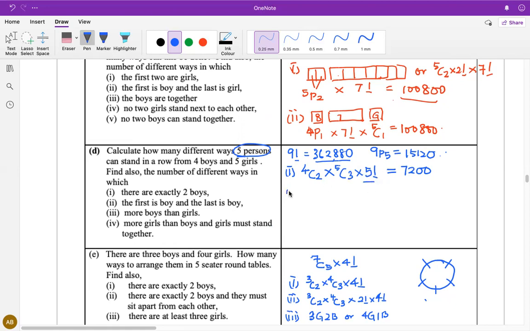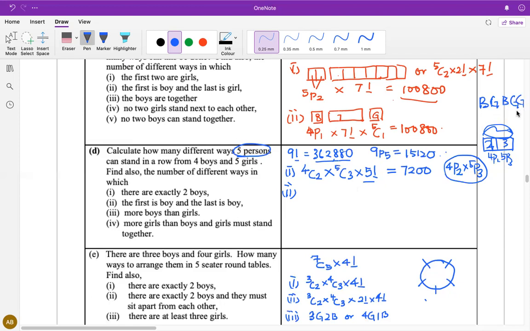Okay. Number 2, so we cannot use 4P2 times 5P3, because 4P2 and 5P3 means we already fix it like this. This is the 2 boys and 3 girls. Then you can use 4P2, 5P3, but they still can arrange among themselves. So the boys can sit here like that, maybe boy, girl, boy, girl, girl, like that.